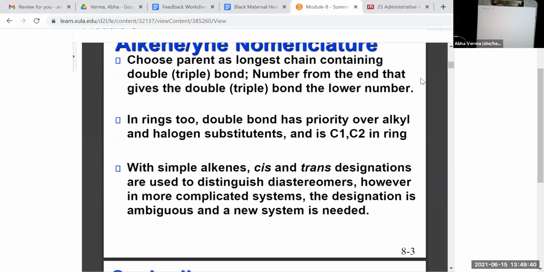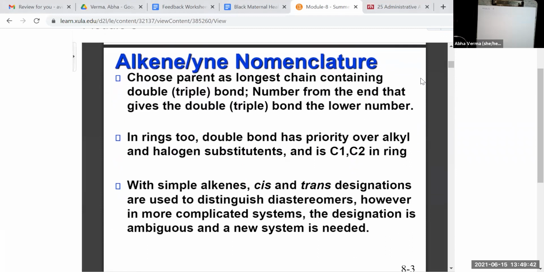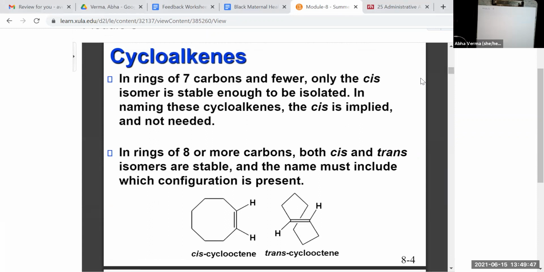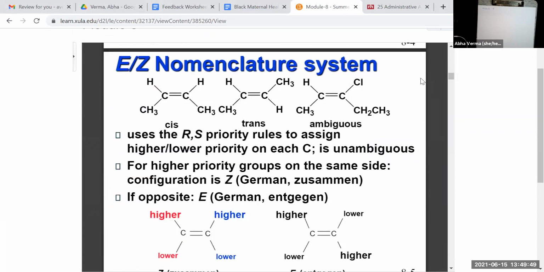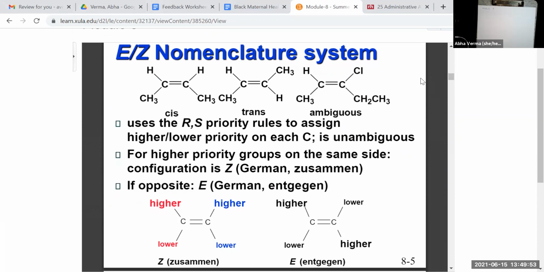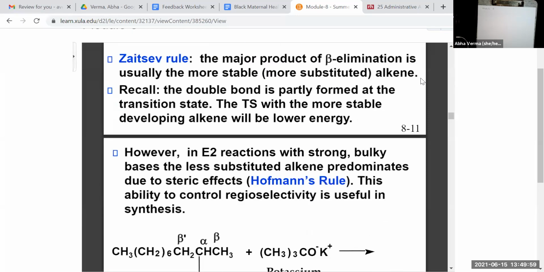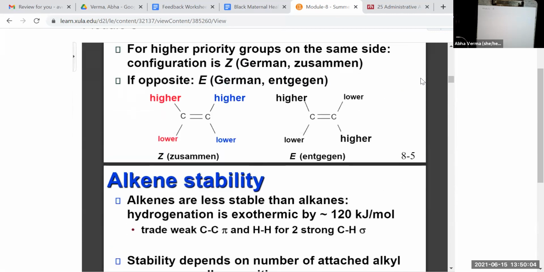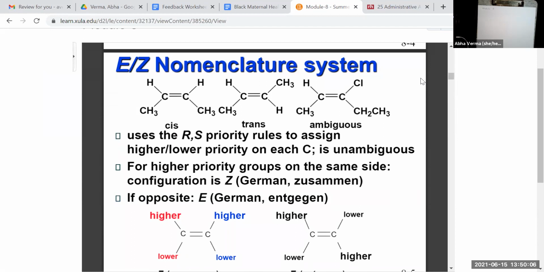So just reminding you about the alkene and alkyne nomenclature, cycloalkenes nomenclature, and the E and the Z kind of nomenclature. So we have already looked at the cis-trans and EZ nomenclature. Remember when we started looking at the nomenclature in module 4, we had looked at the cis and trans.